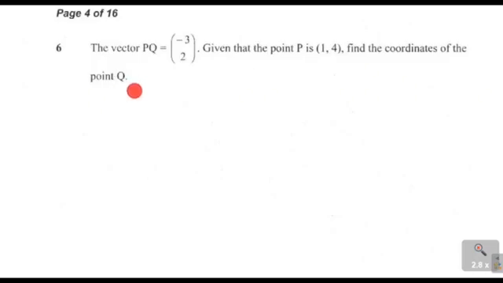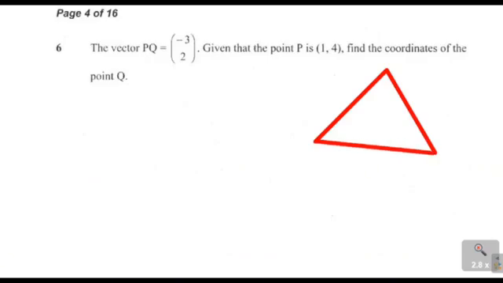Okay, so to find the coordinates of the point Q, we are going to assume that if you have a triangle like this, in this triangle we first have the origin here, then we have the point P, and we have the point Q. So from the origin going to P, origin to Q. So OP, we have 1, 4.